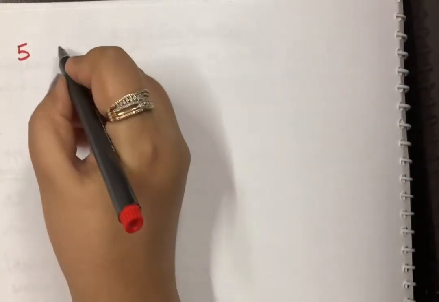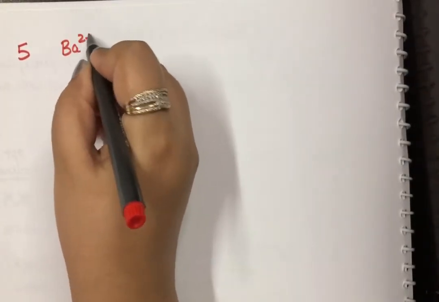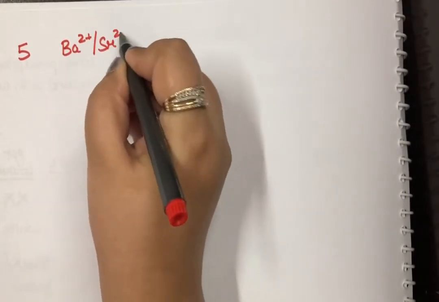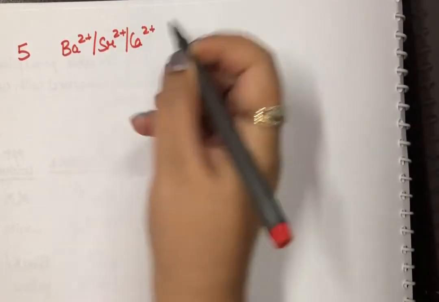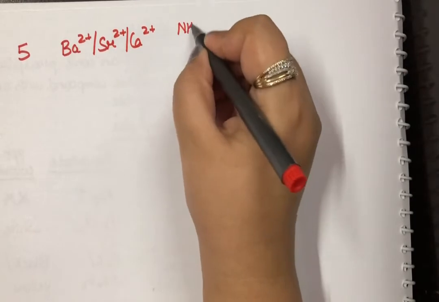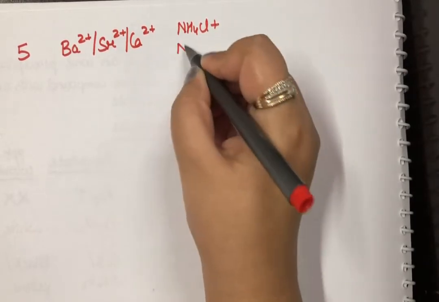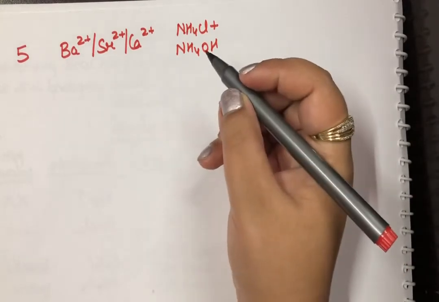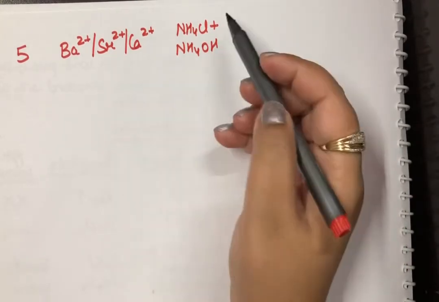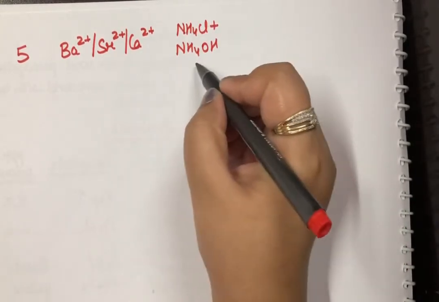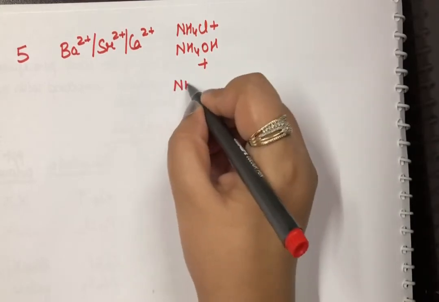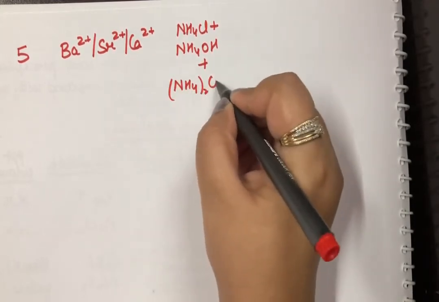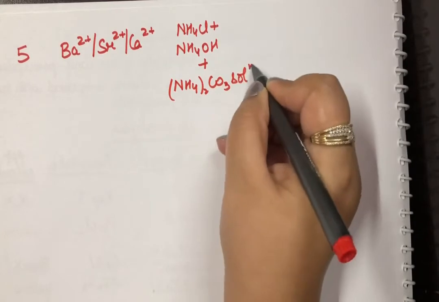Now group 5. The ions present in group 5 are barium, strontium and calcium. And what do you add? You had already added NH4Cl plus NH4OH. You could heat the above solution so that H2S can be removed, or you can start afresh and add NH4Cl plus NH4OH plus ammonium carbonate solution.